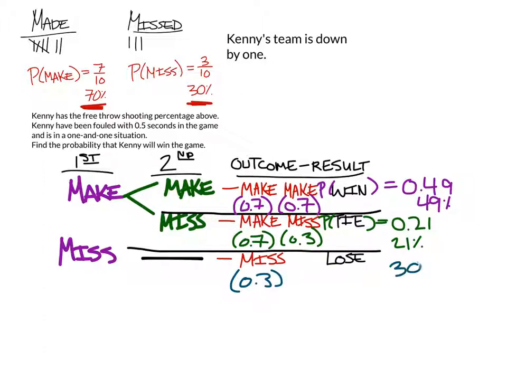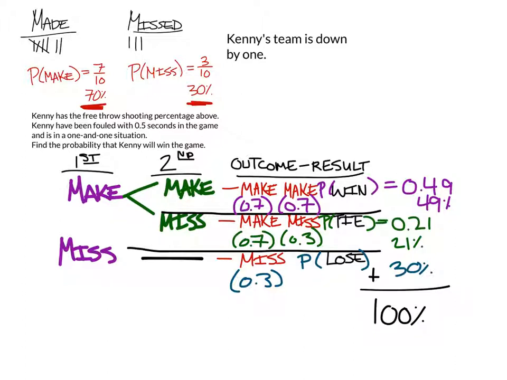Now, when we look at these, we've got win, tie, or lose. If we add all these percentages up, what do we get? 49 plus 21 plus 30 is 100%. So there's a 100% chance that Kenny will win, tie, or lose the game.